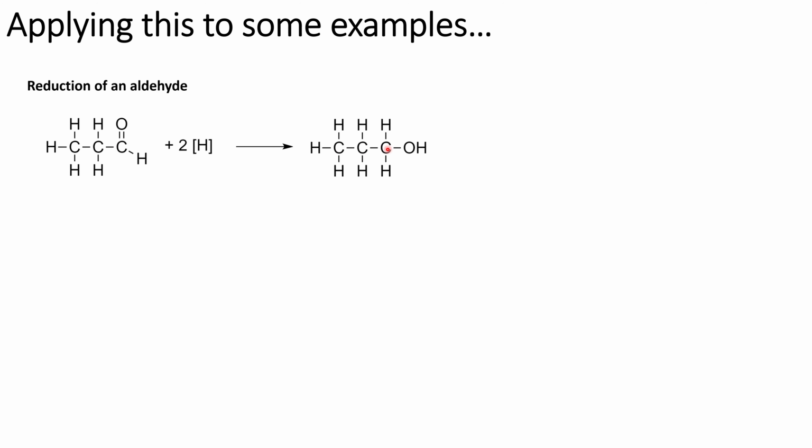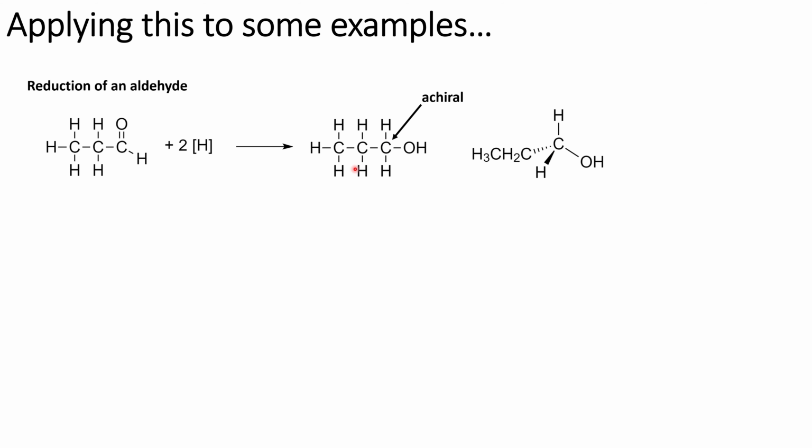If I look at this carbon atom here, which has been changed, I can see that it's achiral because it doesn't have 4 different groups. 2 of the groups are hydrogen, so it's not chiral. We use the word achiral to mean not chiral. I've shown it here as a 3D representation, and you will commonly be asked to do this. Basically, all you do is you take the carbon atom that's changed and you draw the groups around it in 3D.